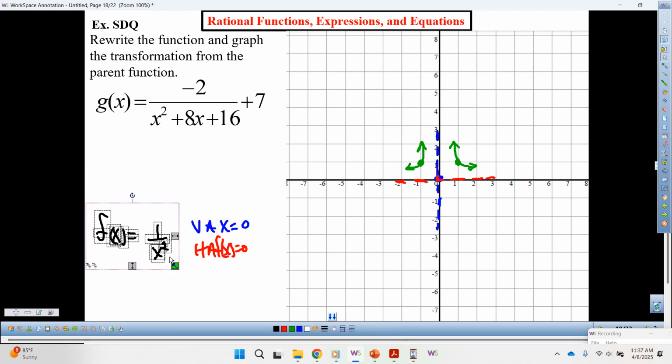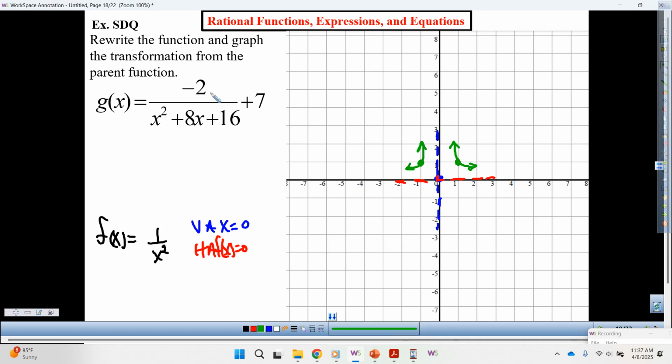So, question. What do you guys notice on our transform equation? What needs to be on the numerator? No, 1 needs to be. Only. What is the only thing that needs to stay on the numerator, everyone? 1. And right now we have a negative 2. Next. Don't we need to have a binomial on the denominator with a little square?